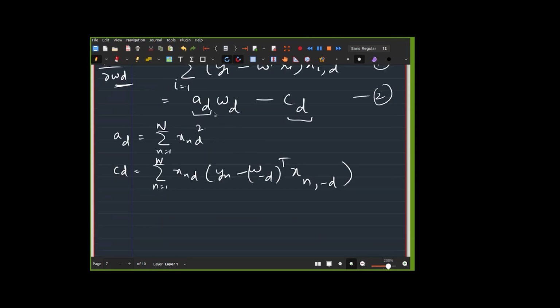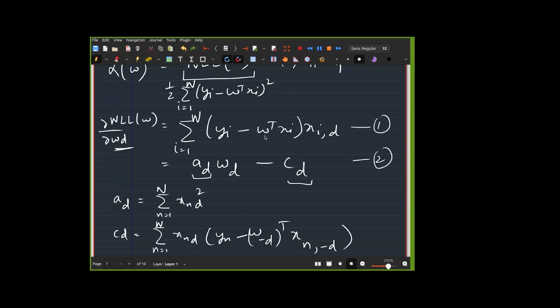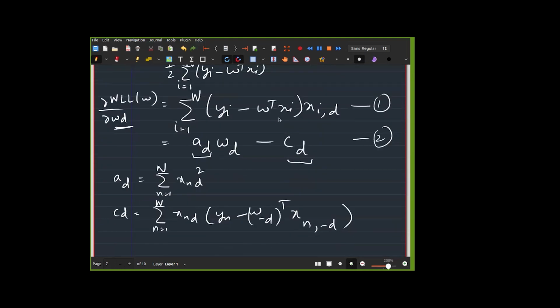Why will it work? Because there's a WD here. So AD times WD becomes WD times (x_n,d) whole squared. If you focus on the dot product W transpose xi, it also has a WD times x_i,d term in it, and focusing on that term, you'll have WD times (x_i,d) whole squared. So in some sense, if you focus on the WD term, you'll see that you have (x_n,d) whole squared.